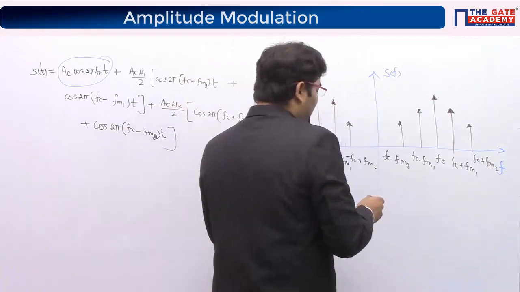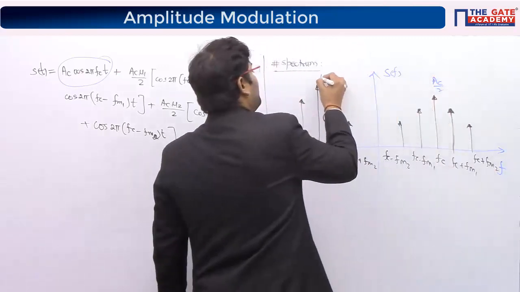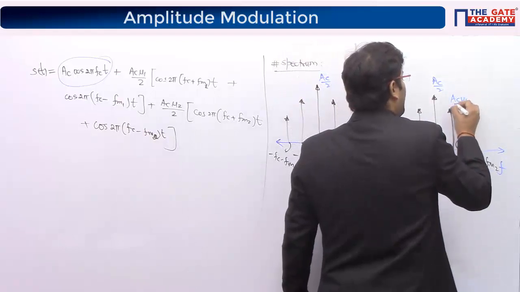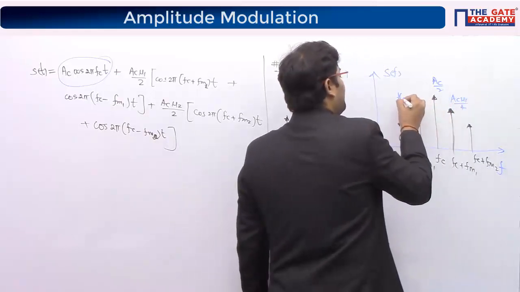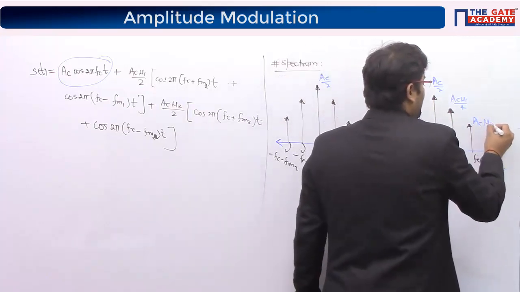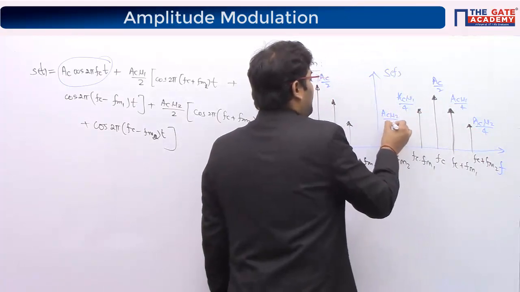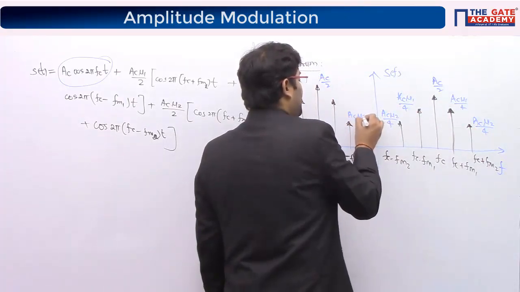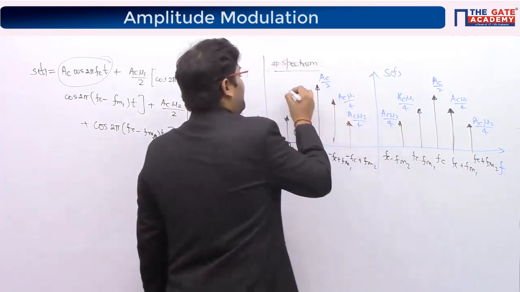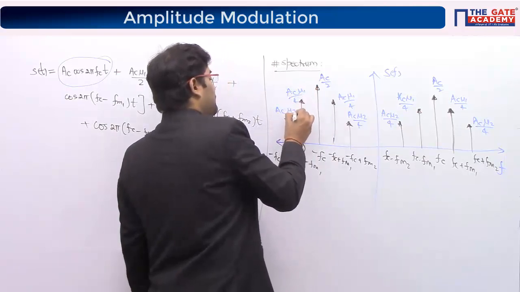And then the area under the impulses. So this is anyway Ac by 2, Ac by 2. This is Ac mu1 by 4, same Ac mu1 by 4. This is Ac mu2 by 4, and same here Ac mu2 by 4, Ac mu1 by 4, and Ac mu2 by 4.